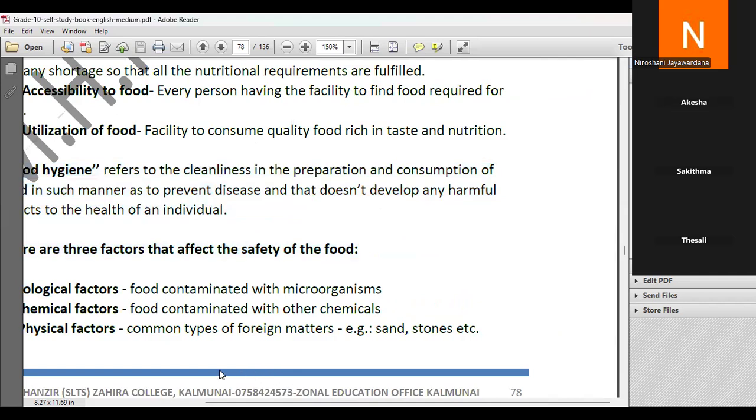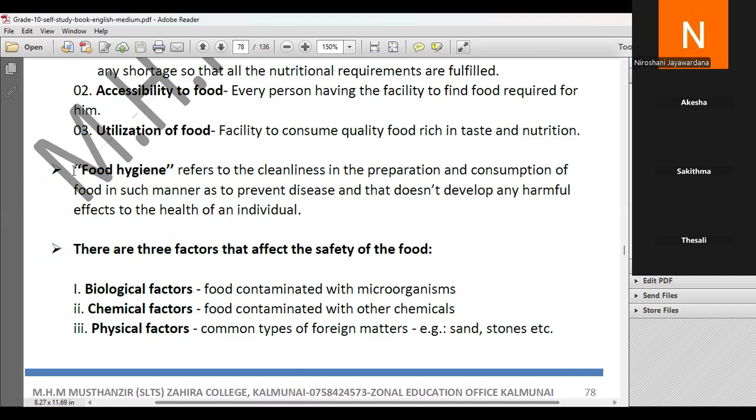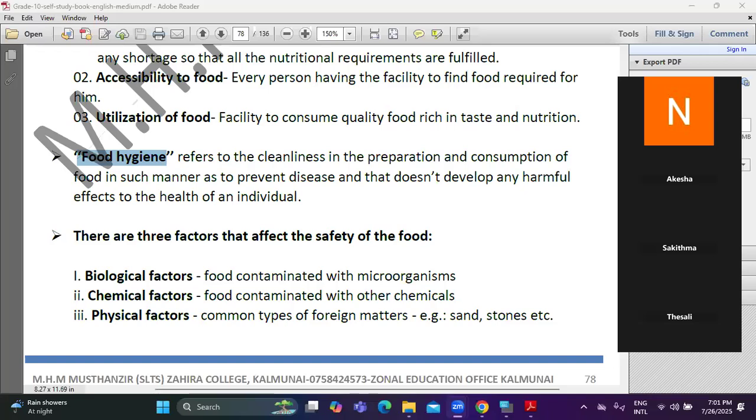Wait, I will show you. Some signal issues, children.